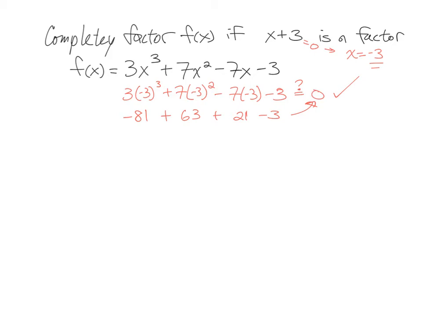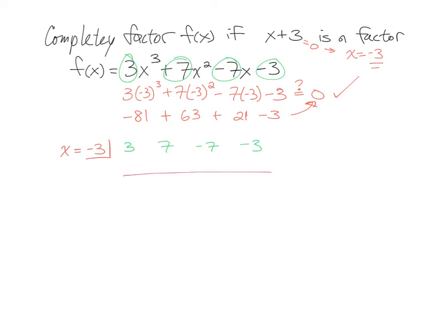All right, so what do we do then? Because I set the factor equal to 0, I already found the corresponding 0 that is associated with this factor. So what you need to do then is take that 0, x equals -3, put that in the corner, take the coefficients of the function. So I've got 3, 7, -7, -3.